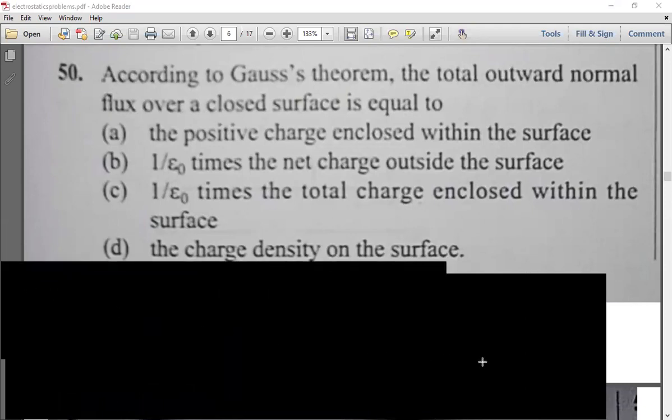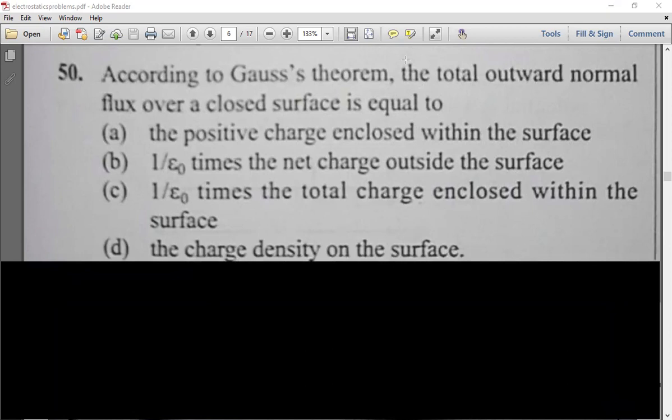What is the question you see now? See, according to Gauss theorem, the total outward normal flux over a closed surface is equal to. Who will tell me? Yes, I am expecting this answer from you.